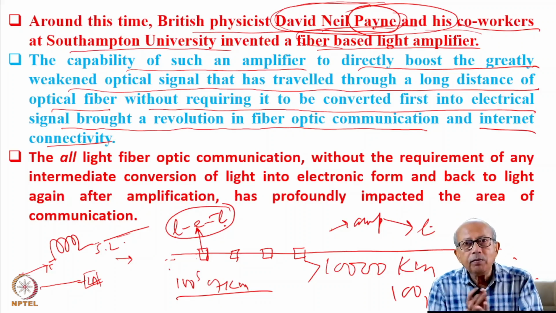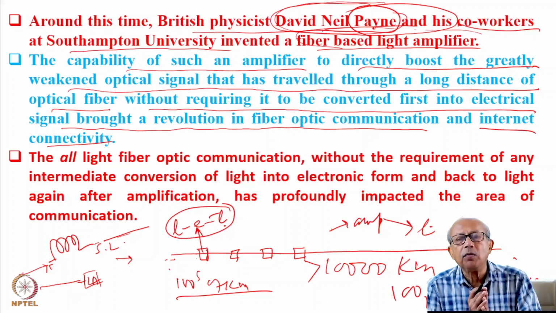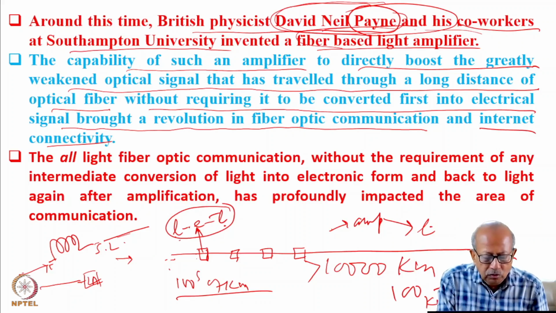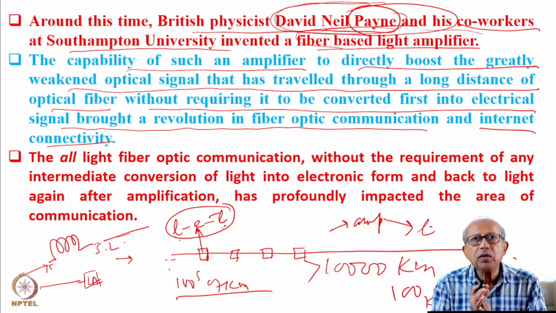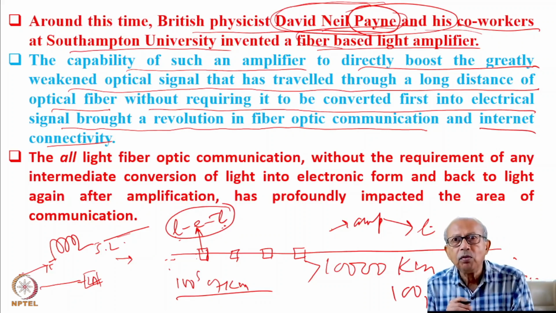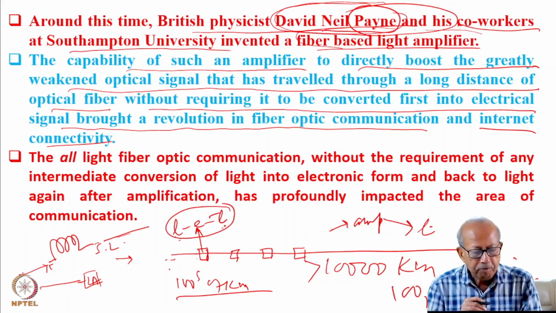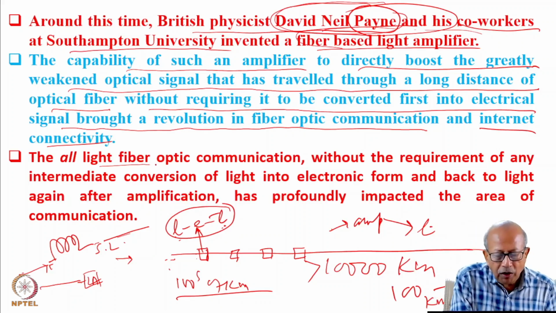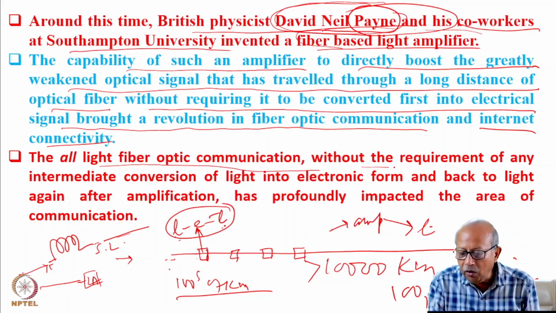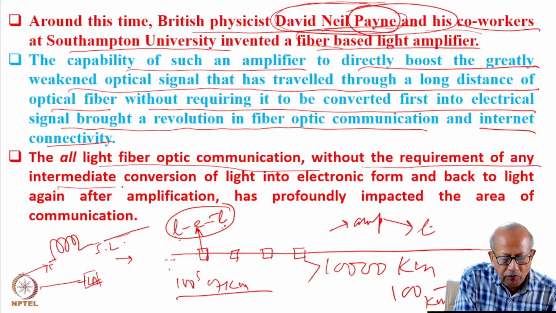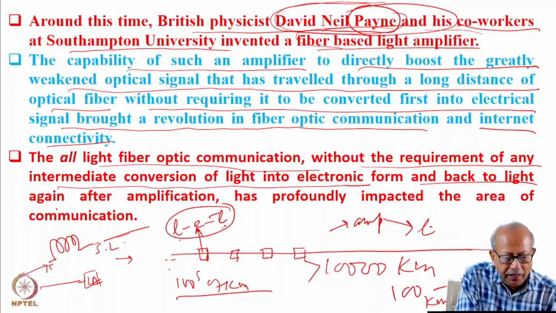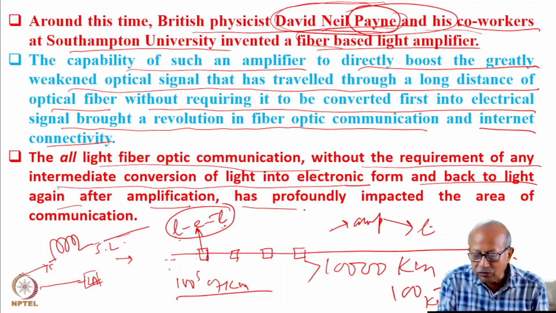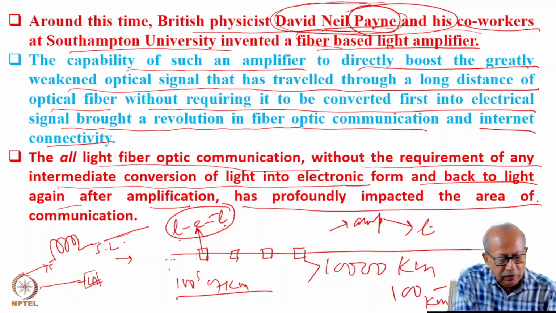Not only did it become an all light fiber optics communication, with no need for light to electric to light conversion, further, the number of these stages also reduced, almost 5 times. So this all light fiber optics communication, without the requirement of any intermediate conversion of light into electronic form and back to light again after amplification, has profoundly impacted the area of communication.